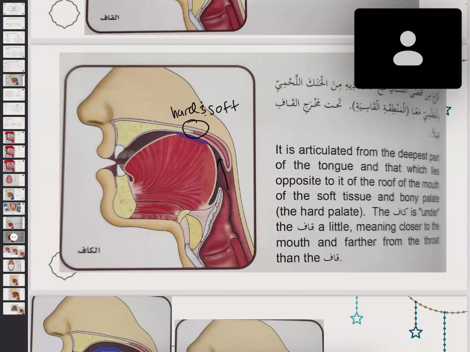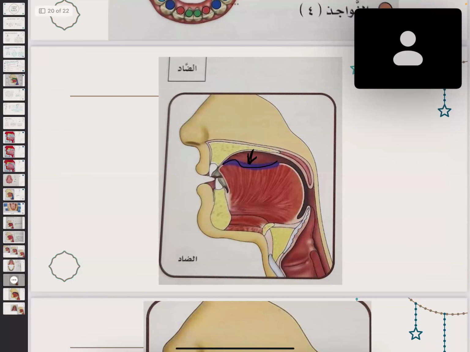Then there is الضاد and اللام. For ضاد, the tongue is flat, and then the tip of the tongue is touching the teeth. تمام.